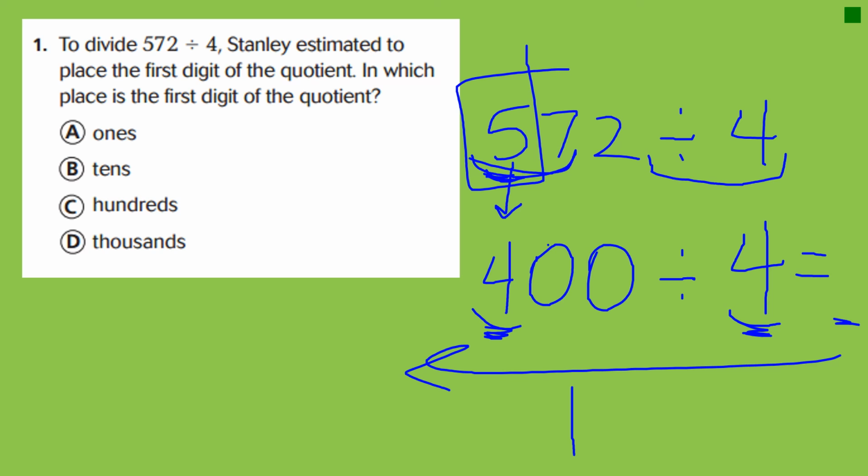But 1 times 4 isn't 400, is it? 100 times 4 is 400. Okay? So when we look at our choices, if the answer is 100, obviously it's going to be in the hundreds place. All right? Beautiful. That was a good review of estimating too, using compatible numbers in division.